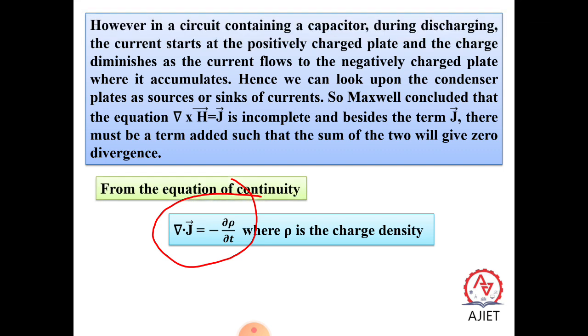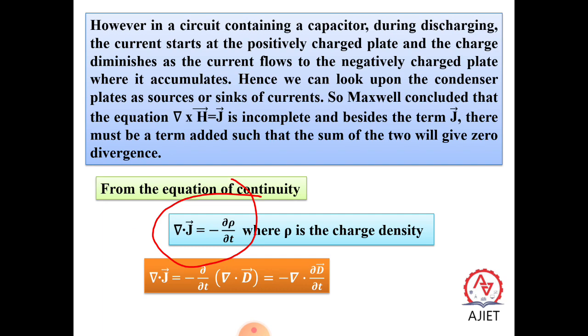So del dot J is equal to minus dou rho by dou t.